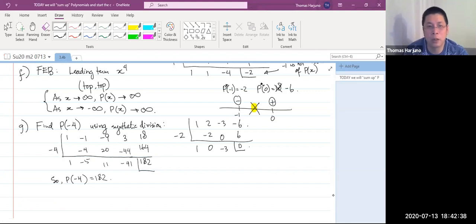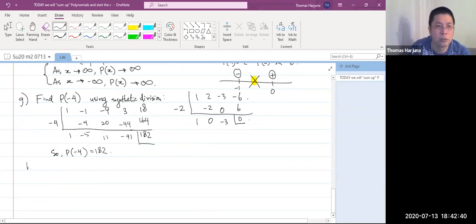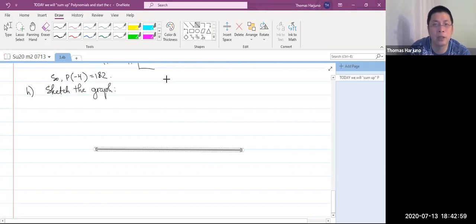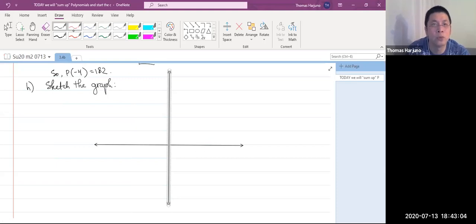Now finally, part H, sketch the graph. I will sketch that without sketching it to scale. Just make sure you put in your x-intercepts, your y-intercept, and the up, down, and so on. So my x-intercepts are radical 3 and 3, negative radical 3 and negative 2.